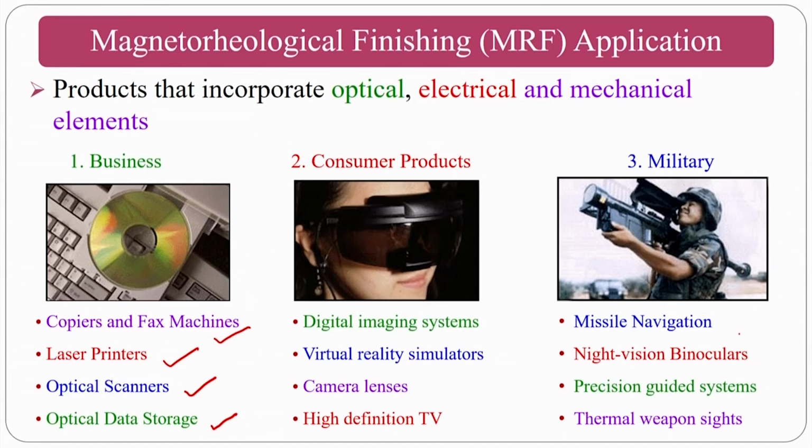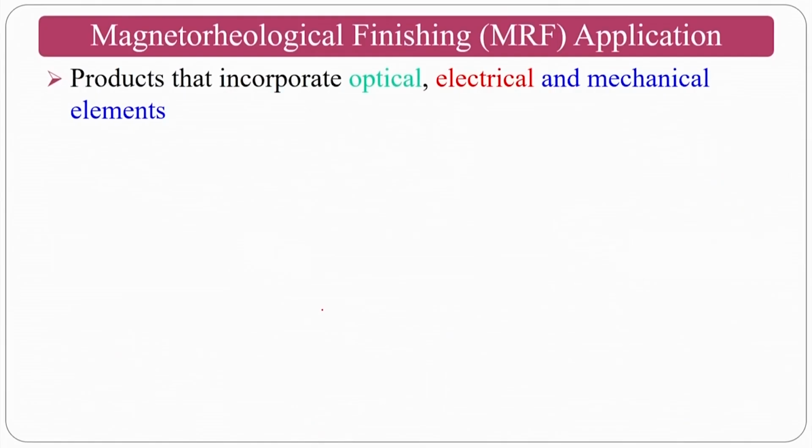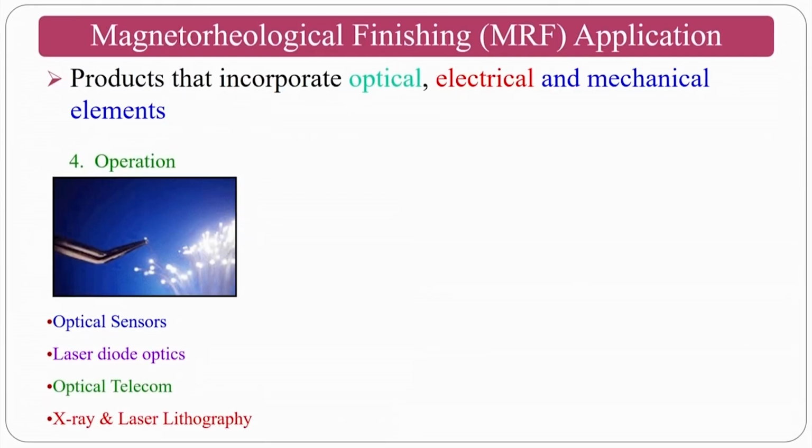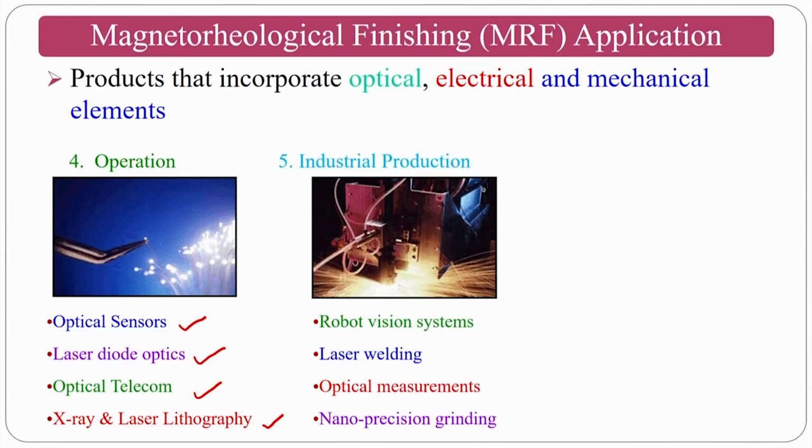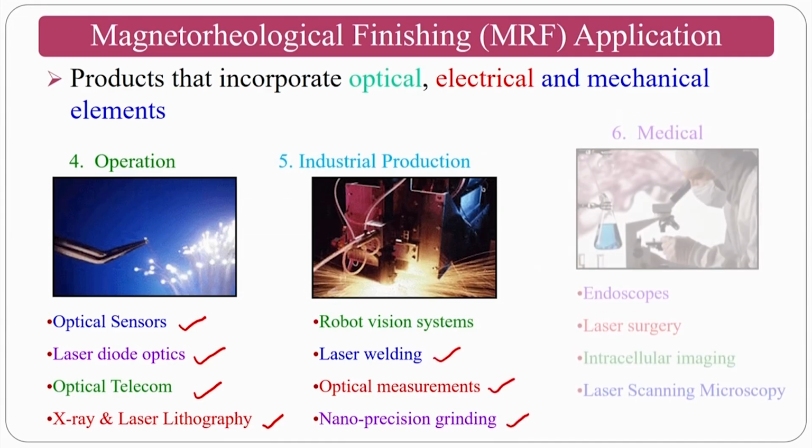Okay, so there are missile navigation systems, precise guidance systems, thermal weapon sights, and these are the requirements in military applications. In operational applications like optical sensors, laser diode optics, optical telecom, X-rays and laser lithography, these are the operations required. And in industrial production like laser beam machines, you require precise lenses for laser welding, optical instruments, nano precision grinding applications and other things.